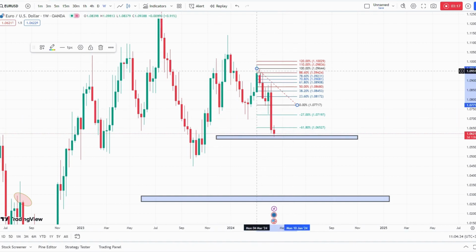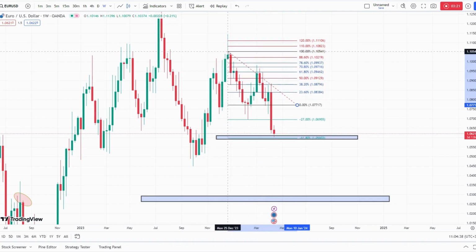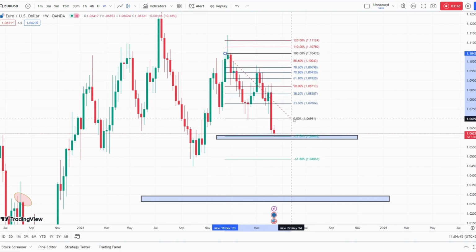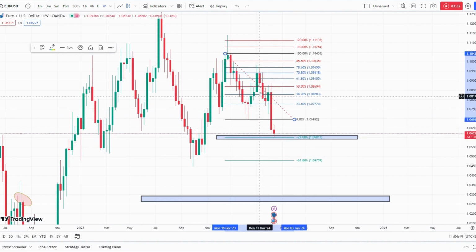The reason why I was telling you the market was going to come all the way here is because of the previous Fibonacci that we had. That is why it was a sure bet, if I can use that term, that the market was going to drop over 100 pips to negative 27.